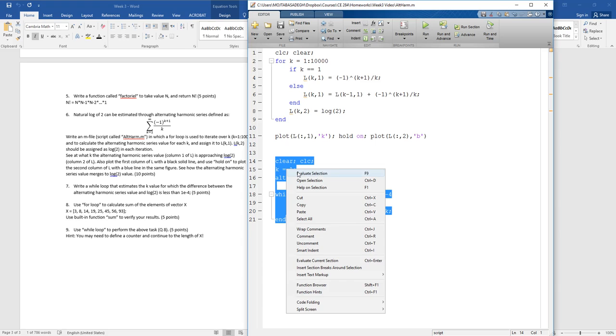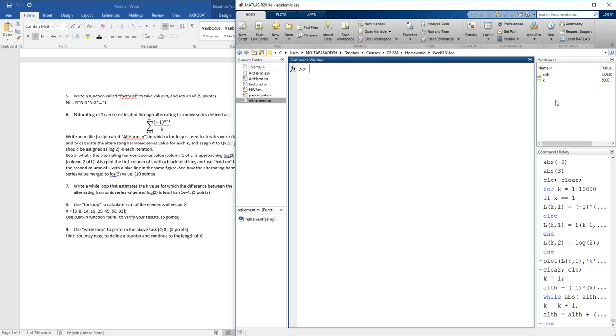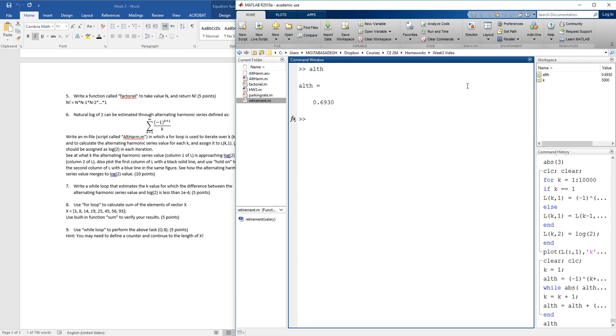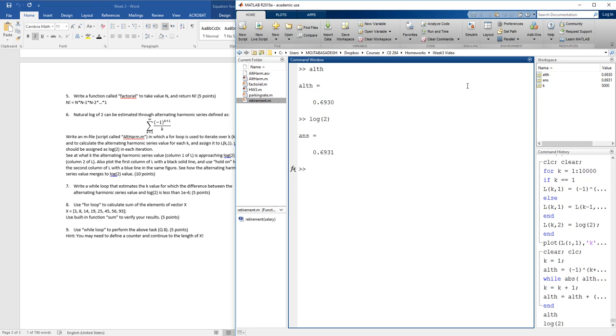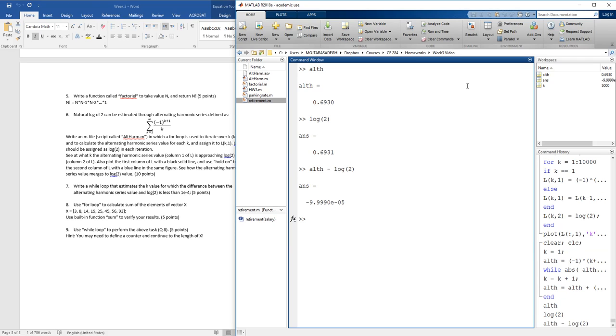So if I evaluate this, you'll see that k is 5,000. So when k is 5,000, the last alt h that we have is 0.693, and log 2 is 0.69931. Alt h minus log 2 is 9.9 times 10 to the power of negative 5.